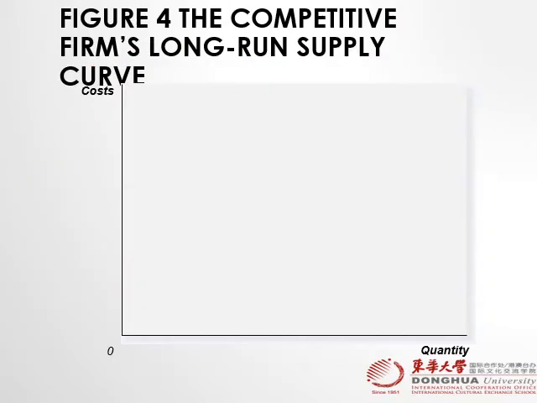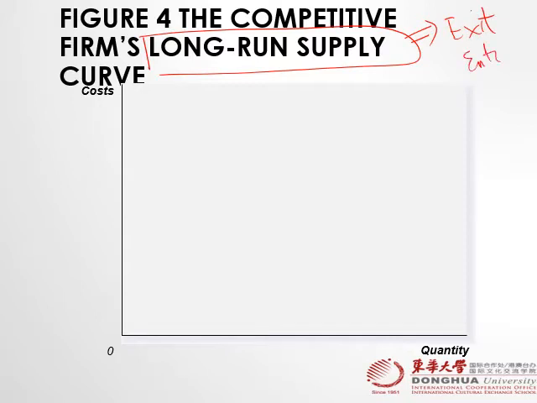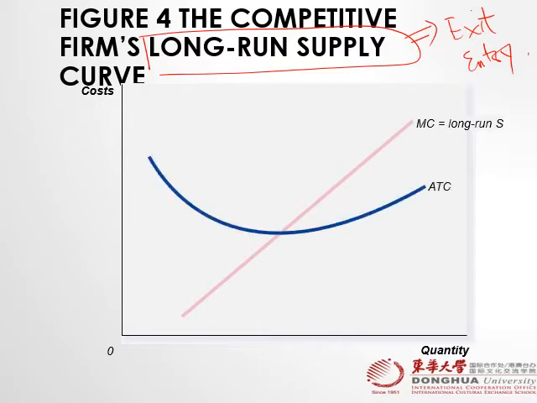So regarding the long run supply curve, because now we know that in the long run which conditions exist, exit and entry, right? So in that case, this is the marginal cost, this is the average total cost.